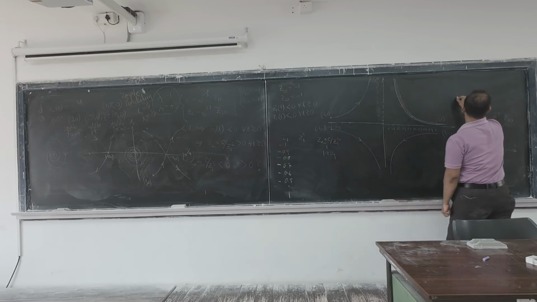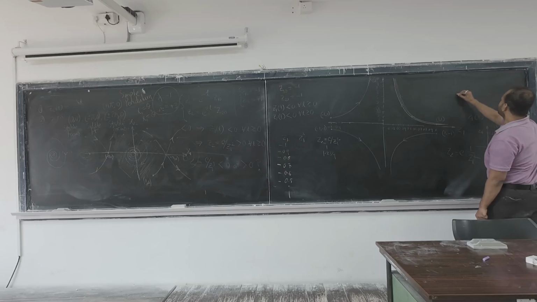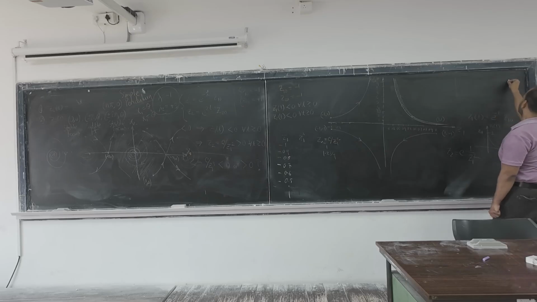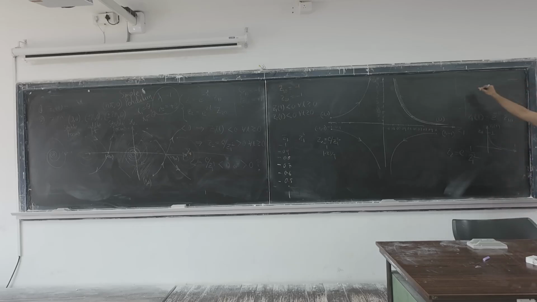Suppose the voltage is a pulsating voltage. It can be like this, or like this. If you have a pulsating waveform, then ultimately what will be the average?